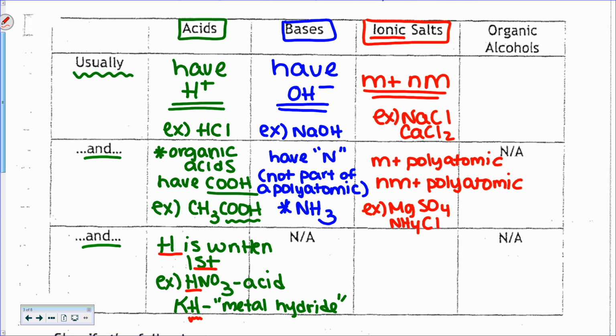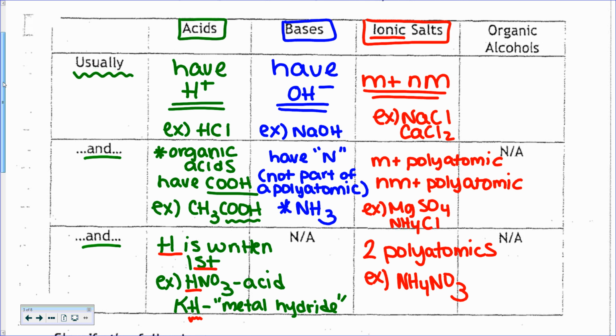I could also have two polyatomics. For example, NH4NO3. So basically anything ionic is when I'm going to have two ions. But those ions, they cannot be H and they cannot be OH. Any other time I have two ions combining, I am an ionic salt.